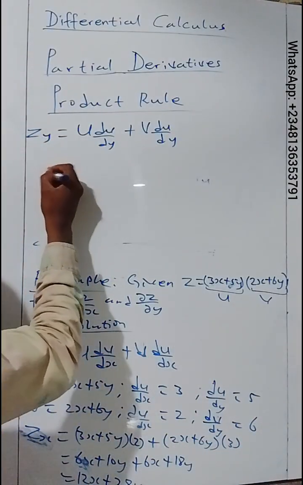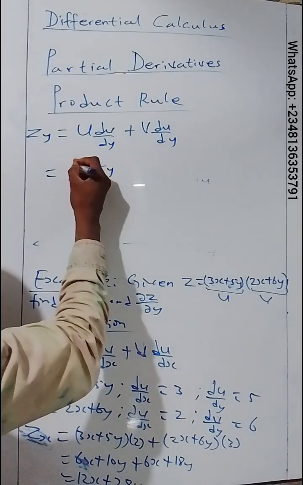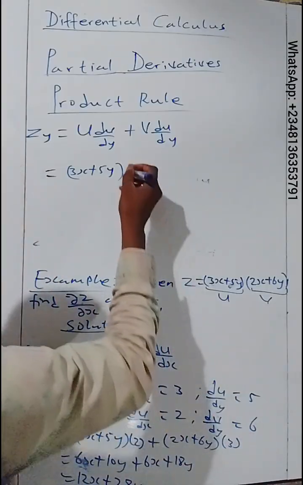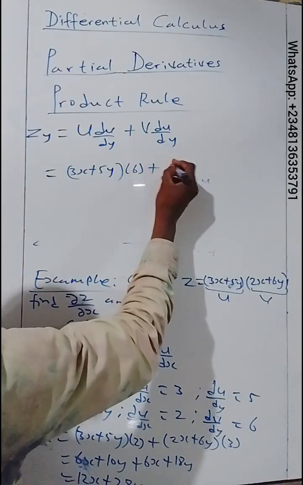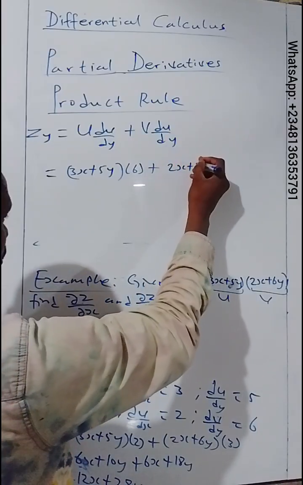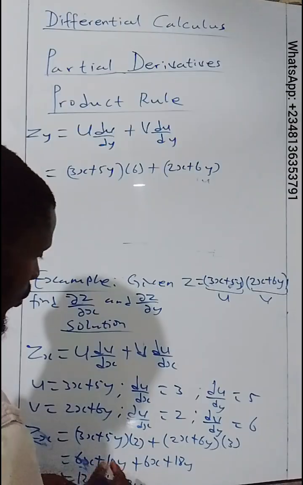So u is 3x plus 5y, then dv/dy is 6. Then plus v, which is 2x plus 6y, times du/dy, which is 5.